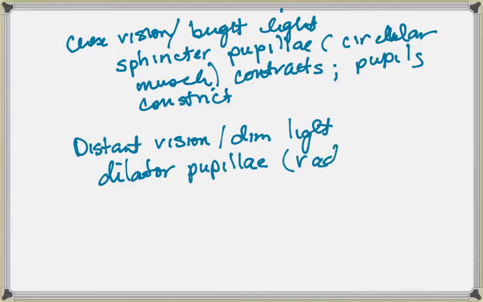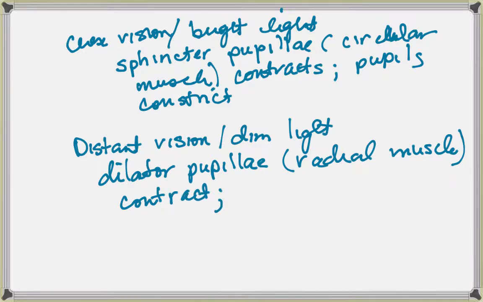And this is a radial muscle. So different shape, right? And so when this guy contracts, then you're going to have the pupil dilate. So that's how basically our pupil is controlled.